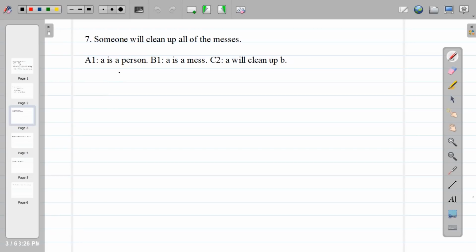So C x y, where x is a person and y is a mess. And that's going to work for both of our symbolizations, we'll use this schema for both. Okay, so to symbolize that there is one specific person that's going to clean up all the messes, we give the existential wide scope.